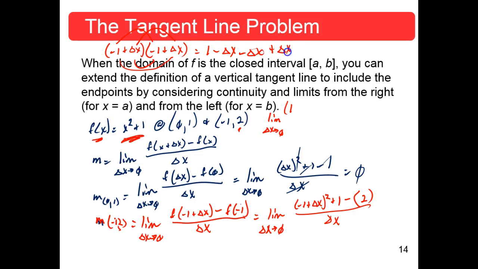So this gives you 1 minus 2 delta x plus delta x squared, that's that thing squared, plus 1, that's that, minus 2, all divided by delta x. Okay? Now, can I take off some of my lines to make it a little easier to read?